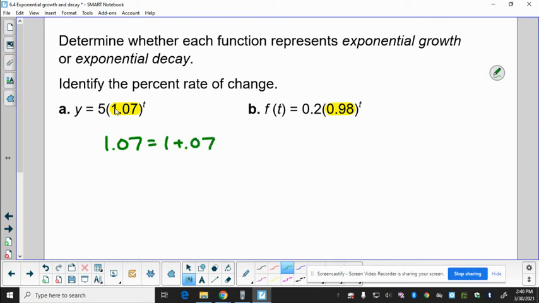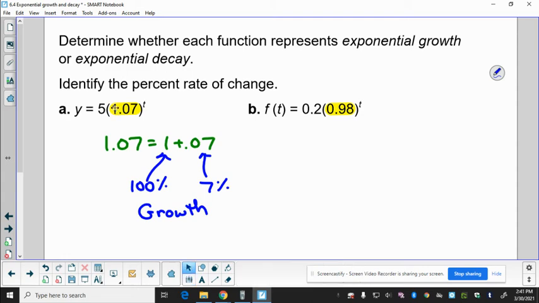So what that means is this 1 represents 100%. This 0.07 represents 7%. So that is larger than 1. This is growth by 7%.